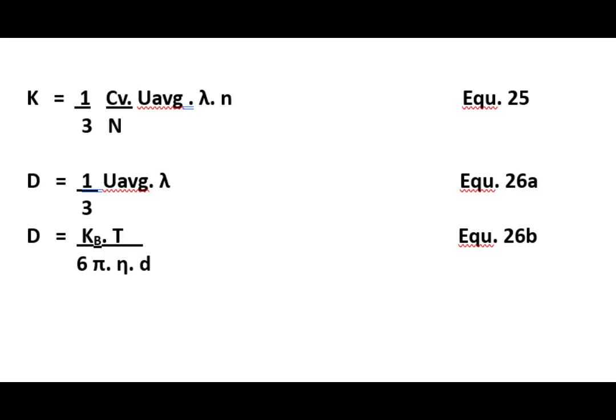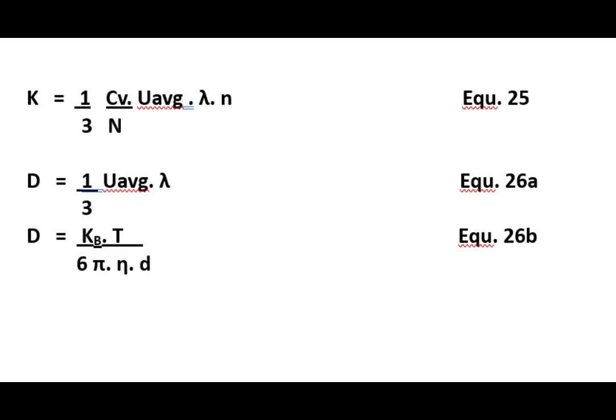The diffusion coefficient is important for understanding how gases mix, transfer momentum, and move across barriers. Equation 26a shows an expression for its calculation from average velocity, u average, and mean free path length, lambda, while equation 26b shows its calculation from Boltzmann's constant, Kb, temperature, T, molecular diameter, d, and dynamic viscosity, eta.